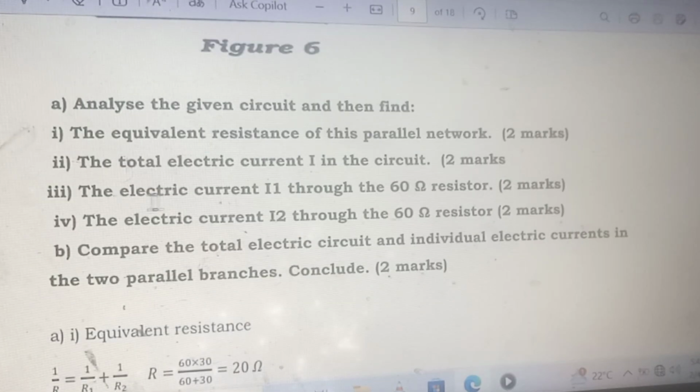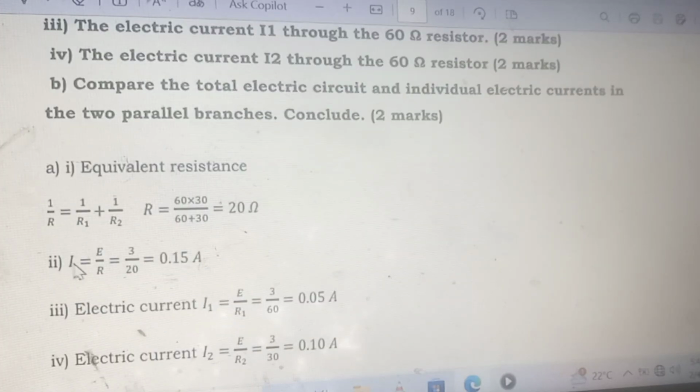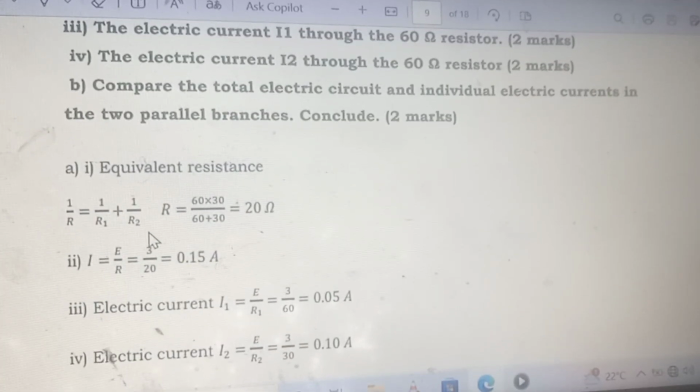That is why the current is equal to the electromotive force over the external resistance. And the formula you can use to calculate the current one is the electromotive force over resistance 1. If you calculate current 2, we use the electromotive force over resistance 2.